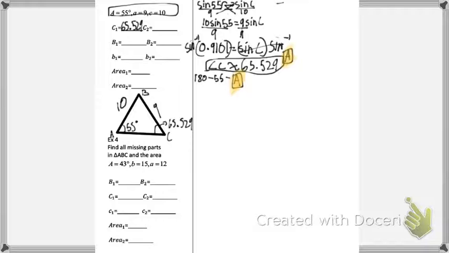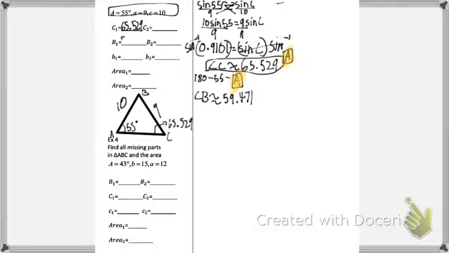So 180 minus 55 minus A. So I got angle B approximately equals 59.471.